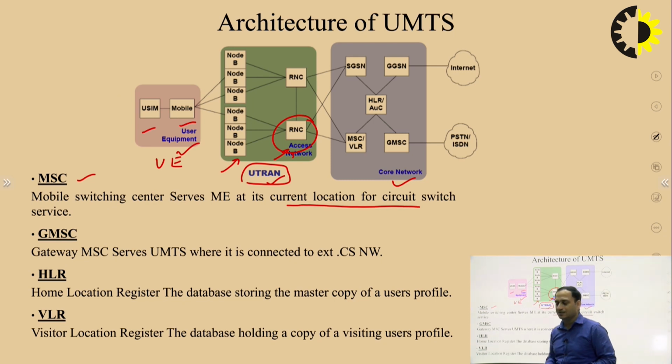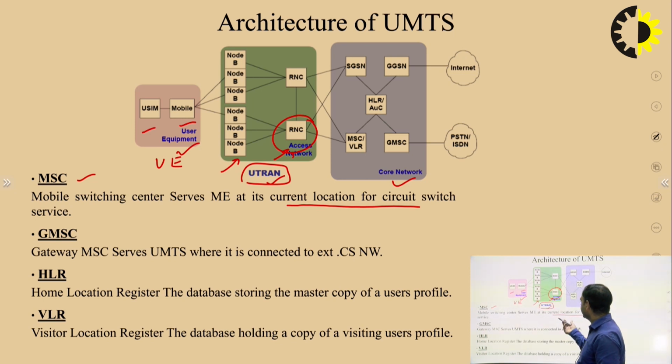If you studied the GSM network, then MSC was responsible for coordinating all the BSCs in the GSM network, right. And these BSCs comprised the BTS, and these BTS were connected with the mobile phones.